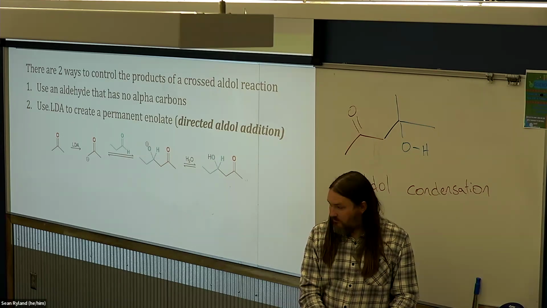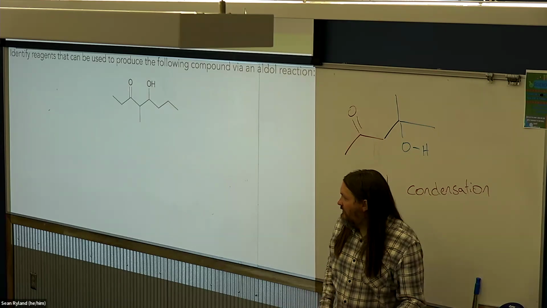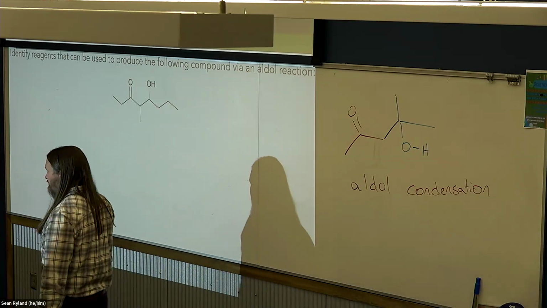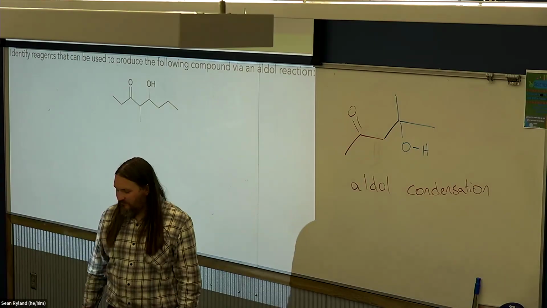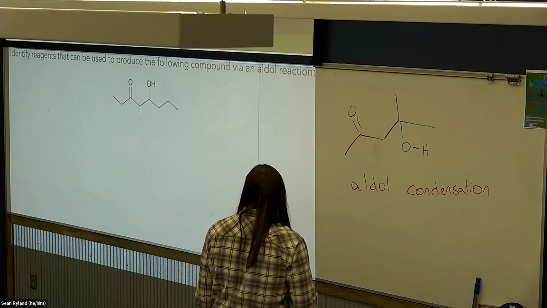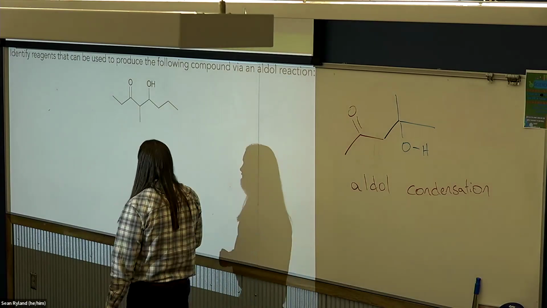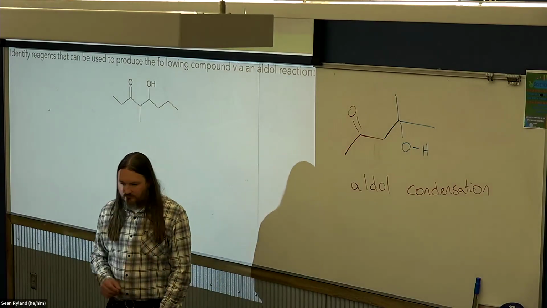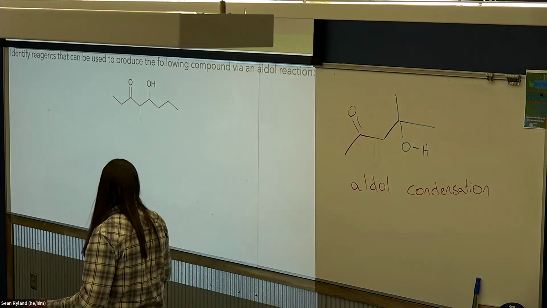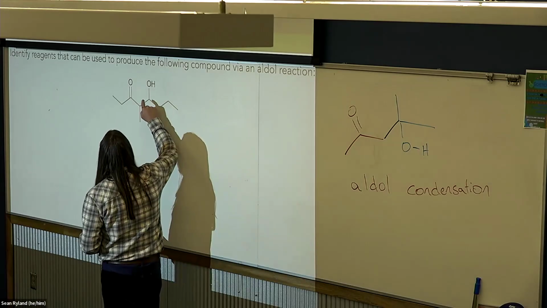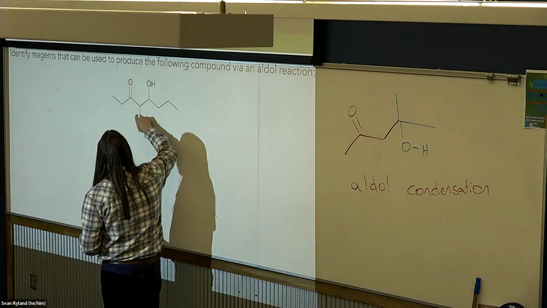All right, so how do we make this molecule? The bond that is in between the OH and the methyl group, this one?